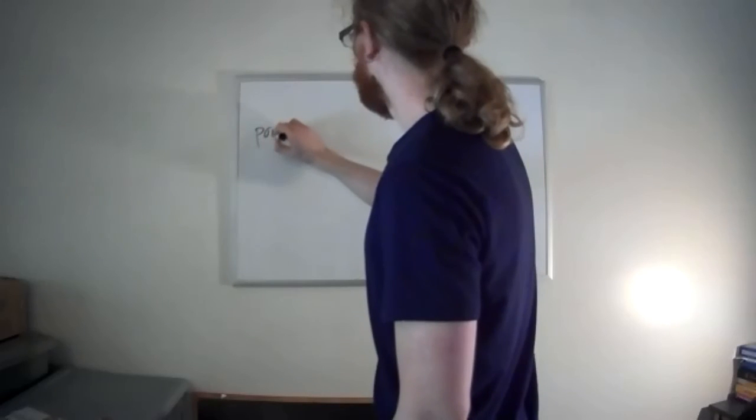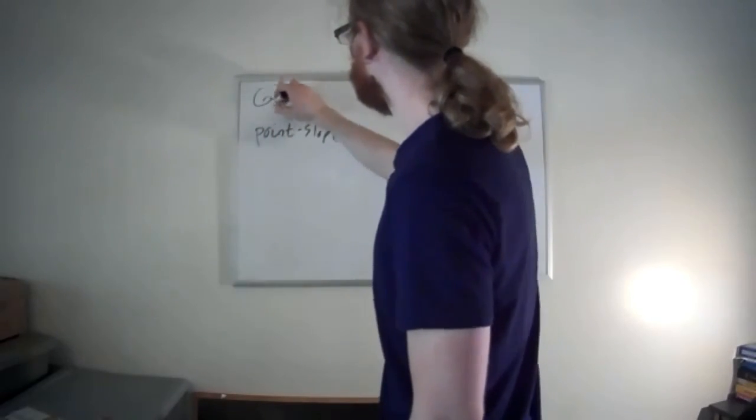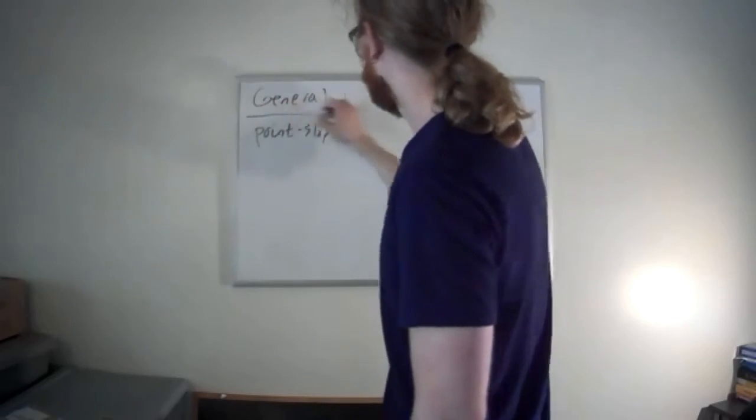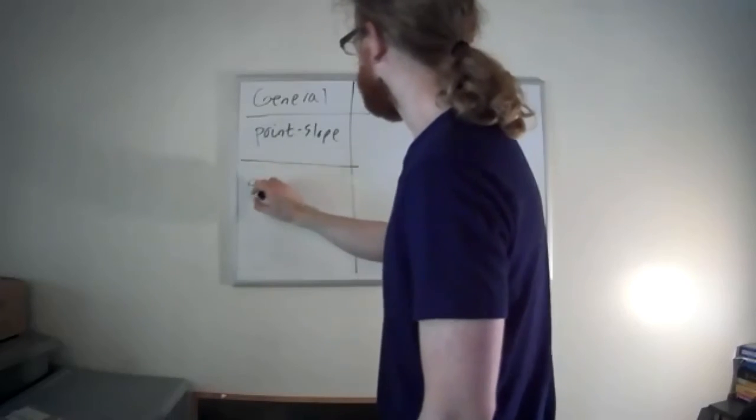So I guess we have point slope, we have general, and we have slope intercept. Maybe I could have spaced this out.